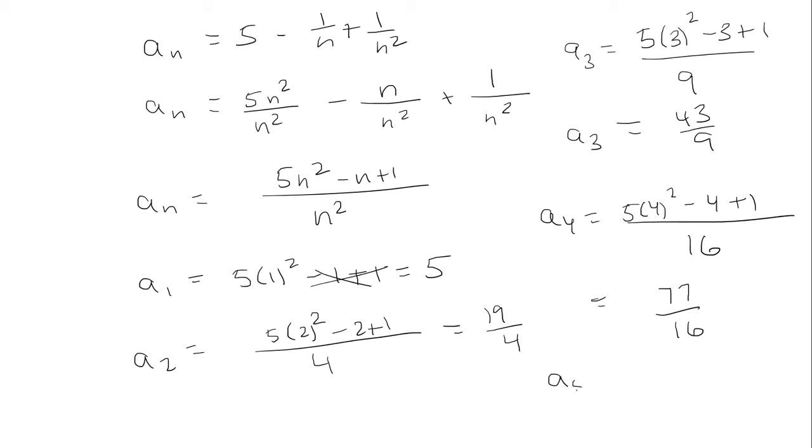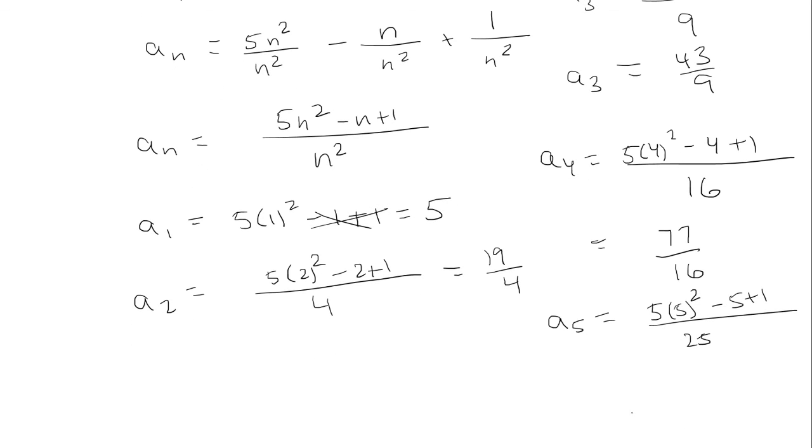And then finally, a sub 5, the denominator is 5 squared, which is 25. And then we're just going to multiply 5 with 5 squared minus 5 plus 1, and that's going to simplify to 121 over 25. So again, it was a lot easier to do this problem after we got it all under one common denominator.